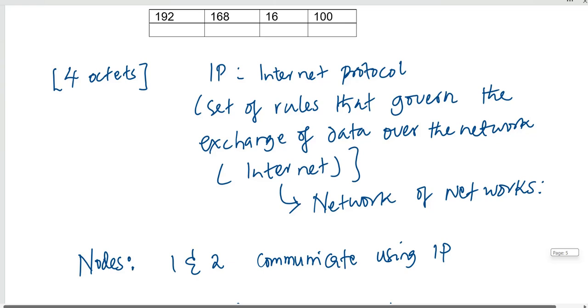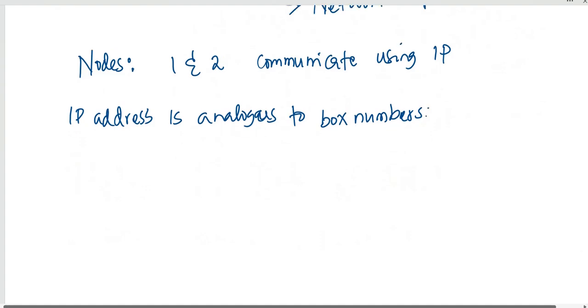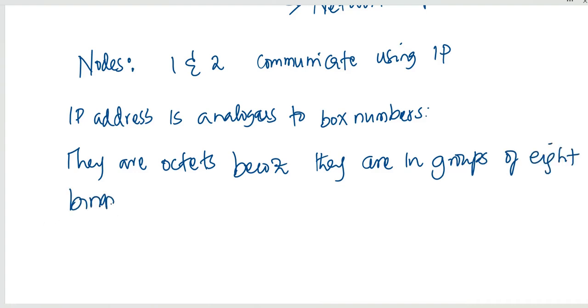And why do we call these digits octets? I think they are made of 8 binary digits, isn't it? Exactly. When you hear the word octet, it comes from octo, meaning 8. Because they are in groups of 8 binary digits.